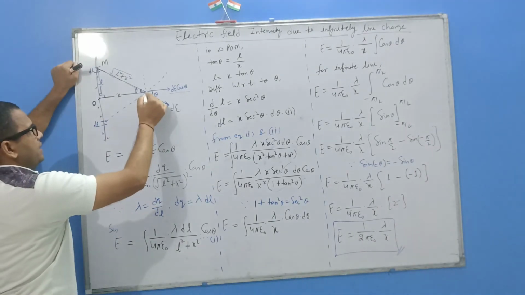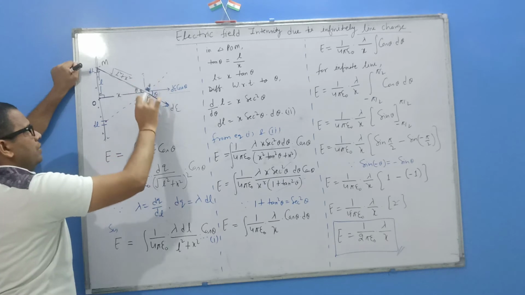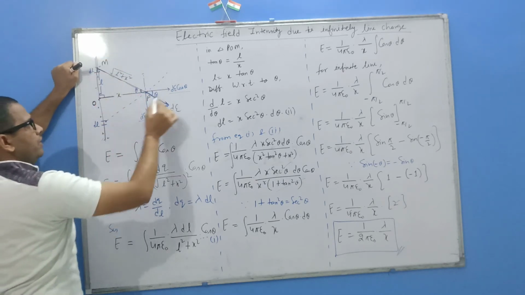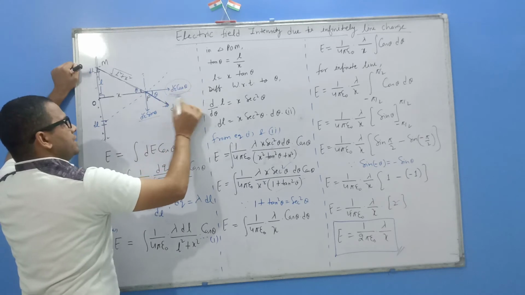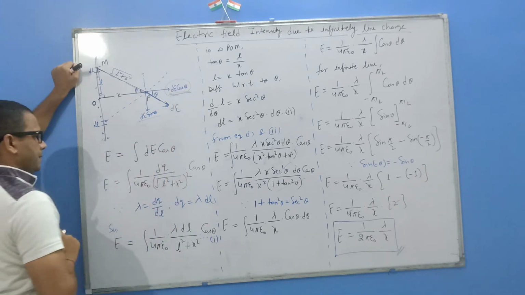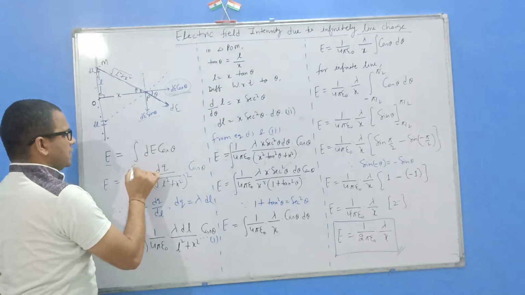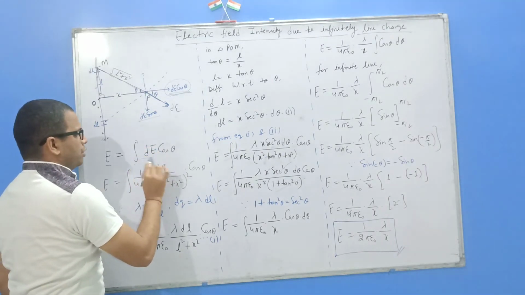Here dE sin theta will cancel out, being equal and opposite, so the net electric field will be the summation of the dE cos theta component. So net electric field E will be the integration of dE cos theta.